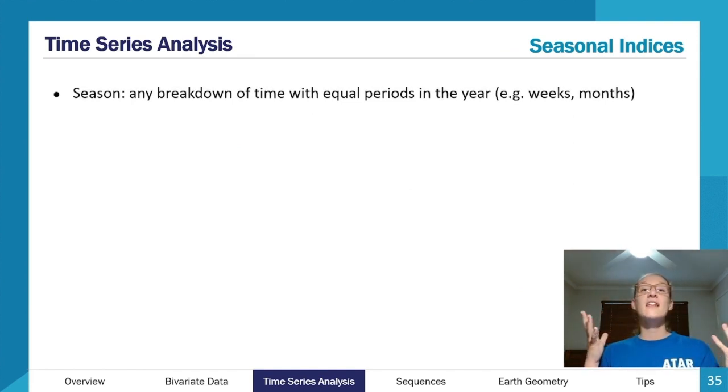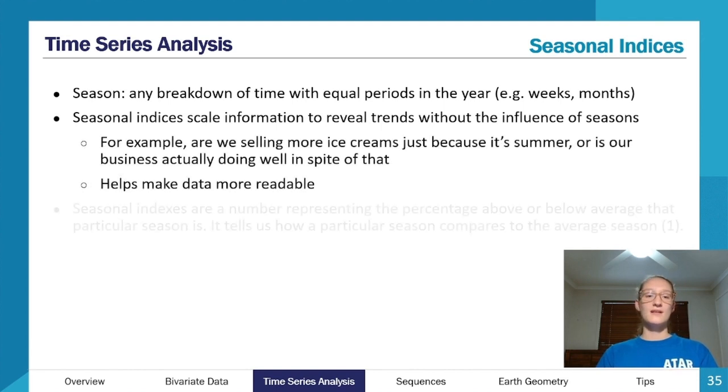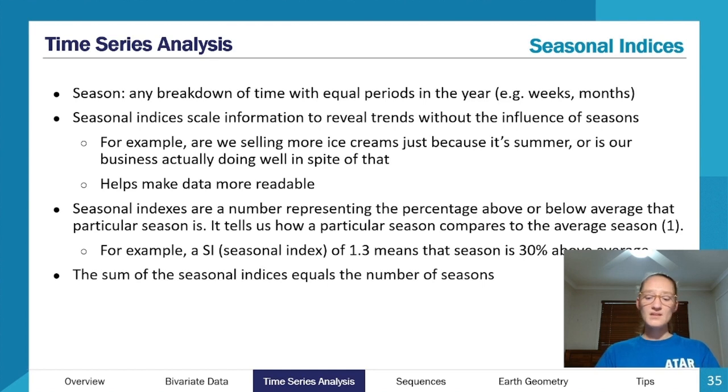So that was removing the impact of irregular fluctuations. But if we want to remove the impact of seasonality, this is where deseasonalizing data comes in. And how we do that is with seasonal indices. We won't focus on it too much here, because I would like to focus more on sequences.